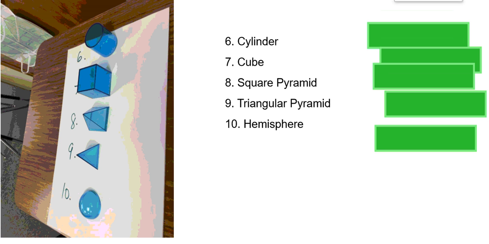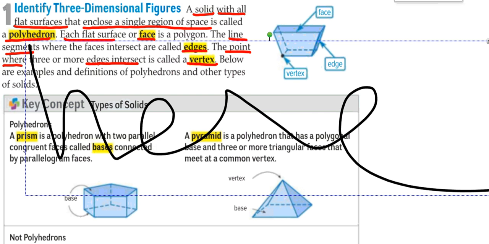The second set was cylinder, cube, square pyramid, triangular pyramid, and hemisphere. Give me a head nod, was that all pretty familiar from our previous work in geometry topics?